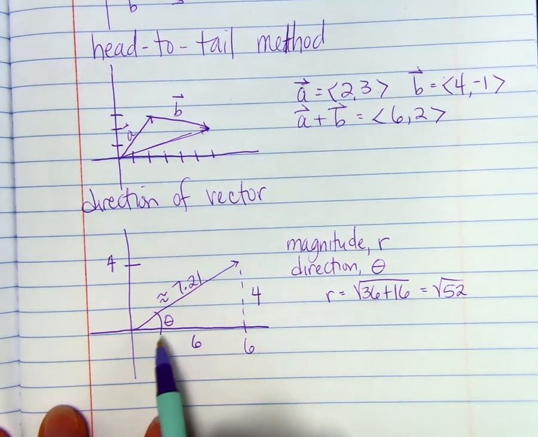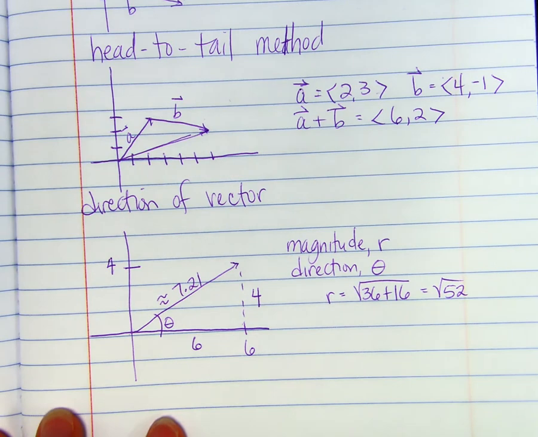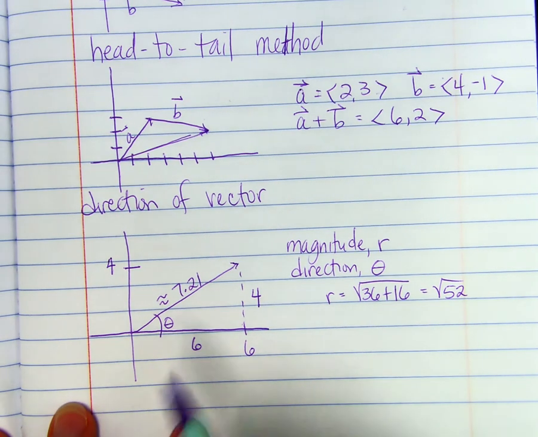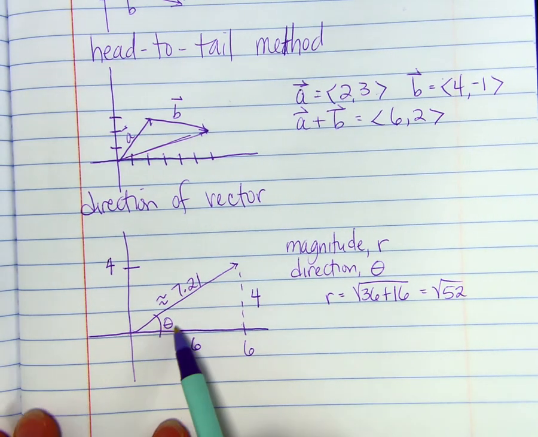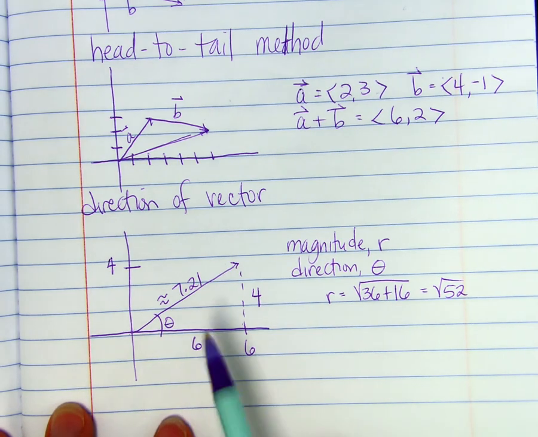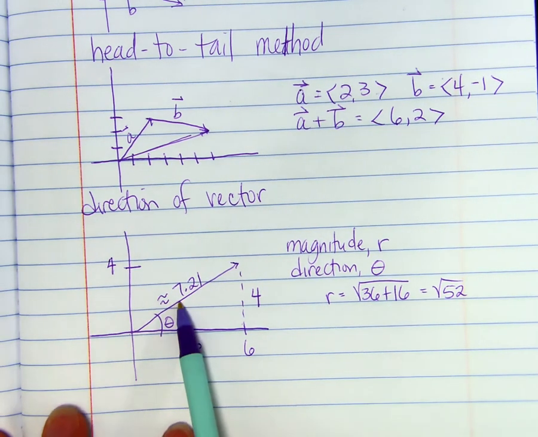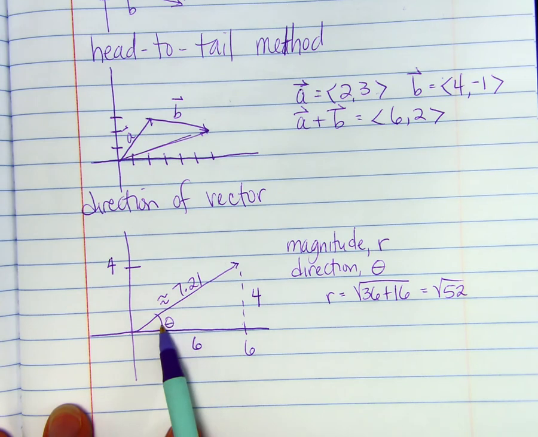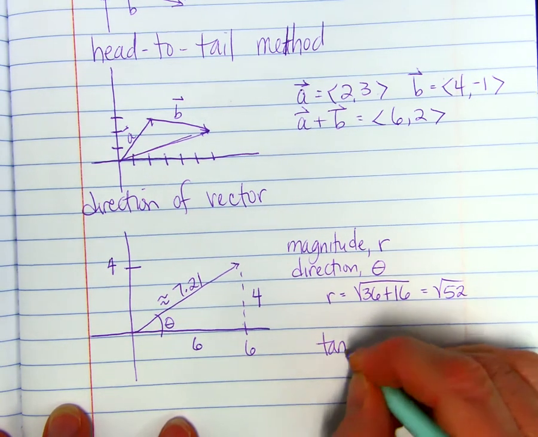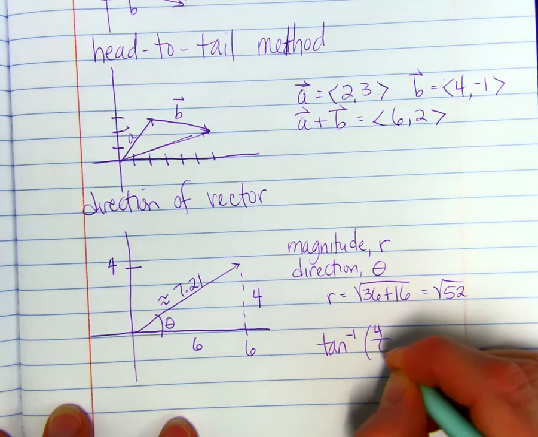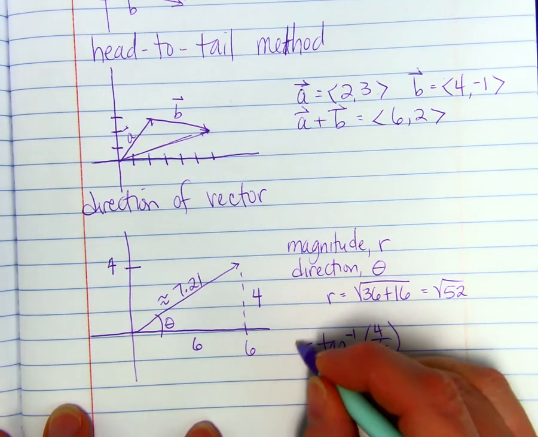So we can find theta, as we just learned in lesson 82, by using tangent inverse. I would use that since this is an approximation number. So I would use tangent since I know these two for sure. So the tangent inverse of 4/6 equals my theta.